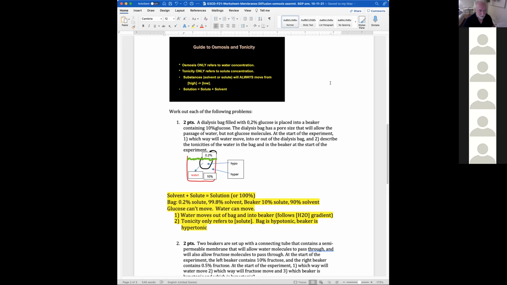You go through the same steps. If you separate movement of substances as one part of the question and tonicity as the other part of the question, you'll get it right every time. But yes, I'll make a note to do another example at the beginning of class next time. Thank you.